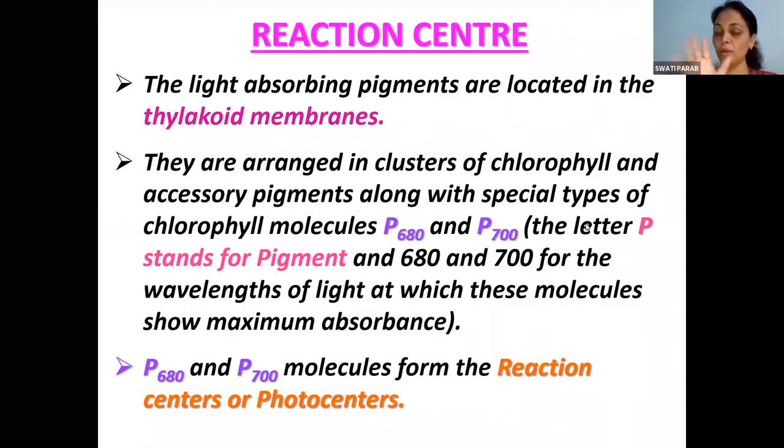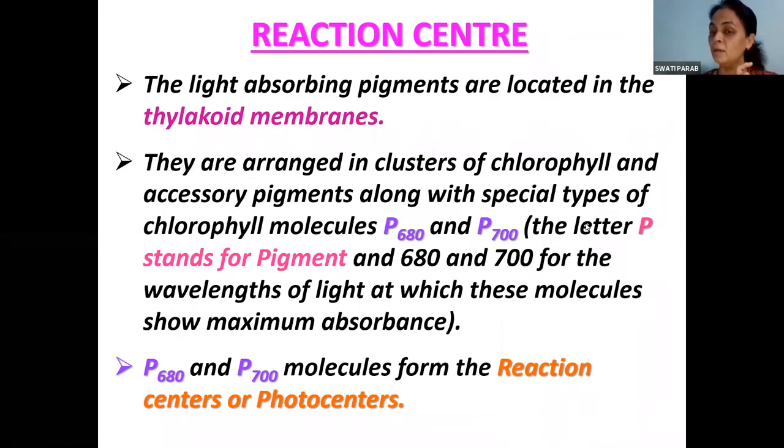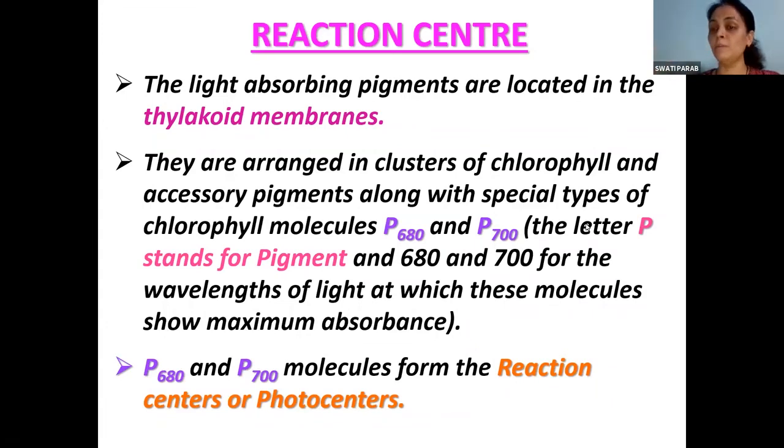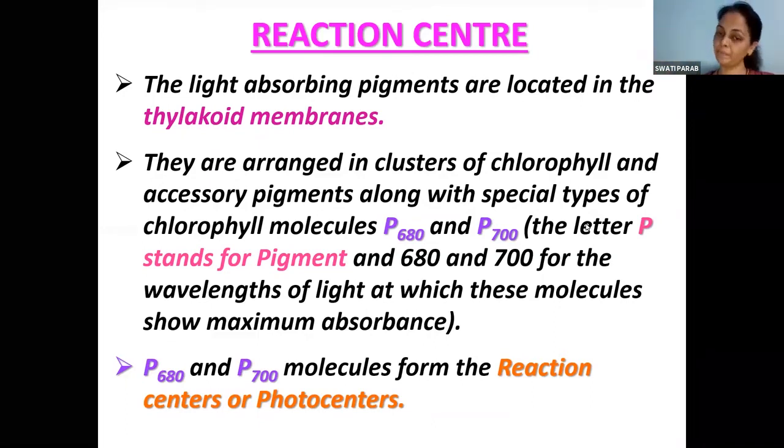See, I'll tell you. When does a P680 molecule form? P680 is a chlorophyll molecule only when it is trapping sunlight up to the wavelength of 680. Similarly, P700 is a chlorophyll molecule only when it traps energy up to the wavelength of 700.